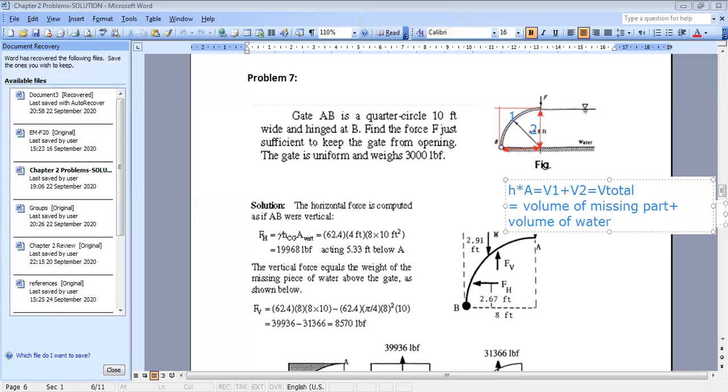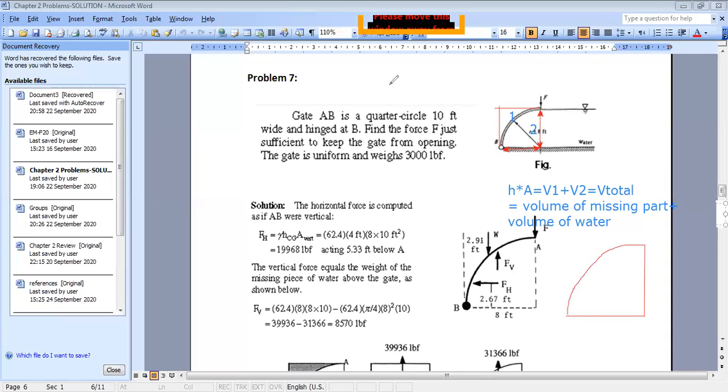So now, if you go back to your system and do the analysis in the vertical direction, I will draw it again. From the bottom level, your force is equivalent to gamma times V total. What is gamma times V total?